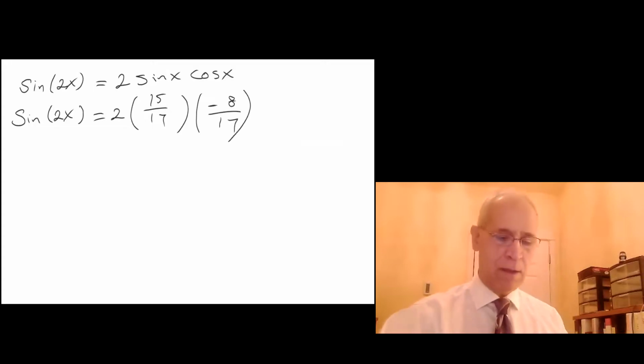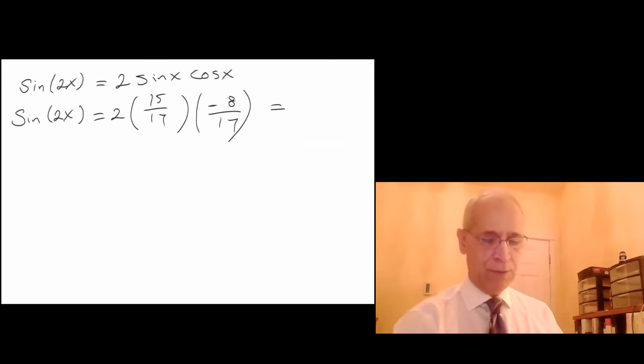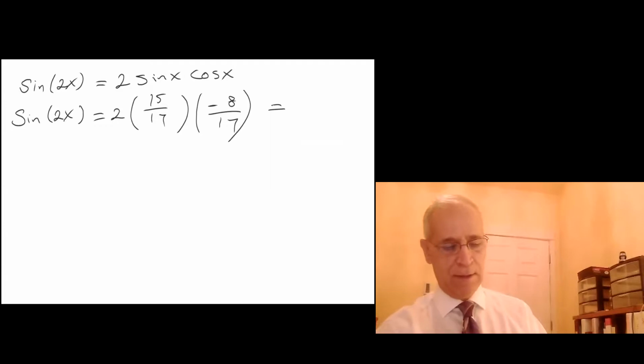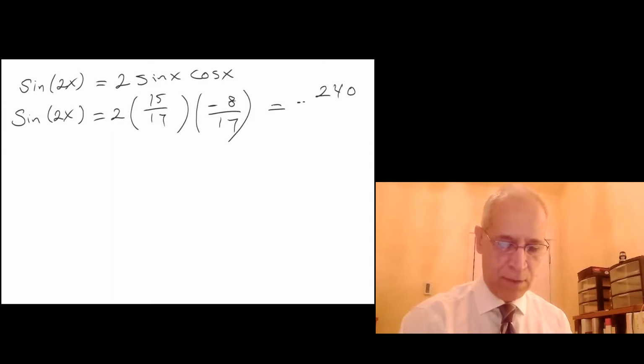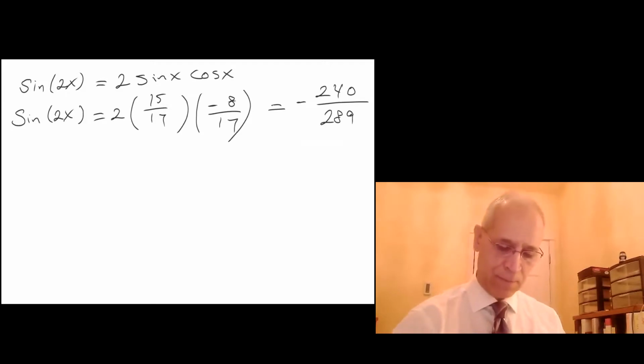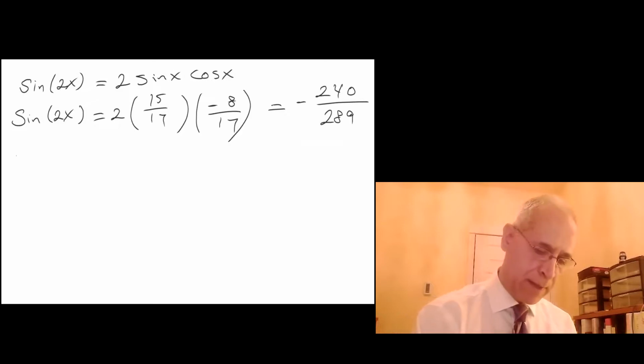This gives me 2 times 15 is 30, times 8 is 240, and I have a negative 240 over 17 times 17, which is 289.